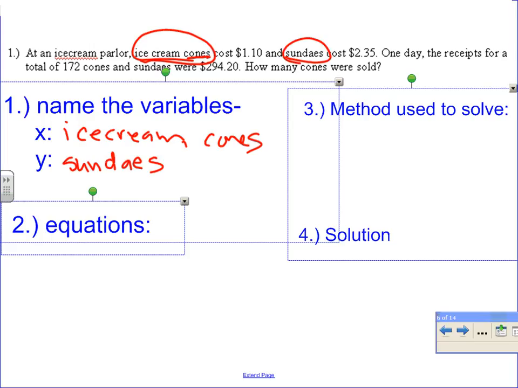Typically, the one that comes first is X. The one that comes second is typically Y. Does it matter if you flip them around? No, because you're still going to get the same answer. Now, the tricky part is coming up with the 2 equations. In this case, one of them deals with cost, and one of them deals with total ice cream and sundaes purchased.